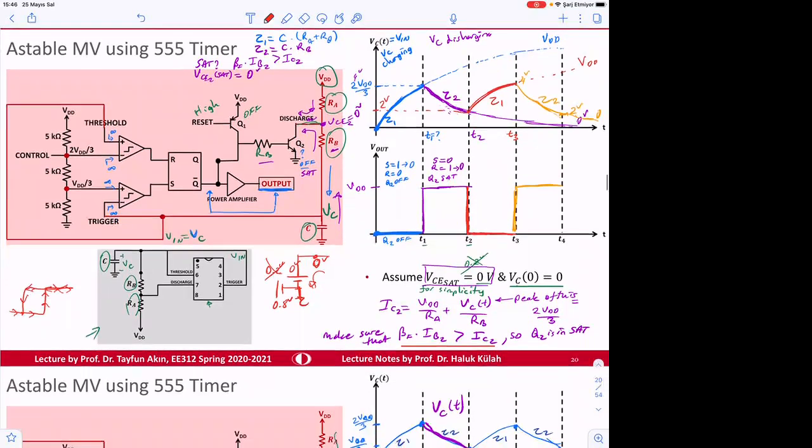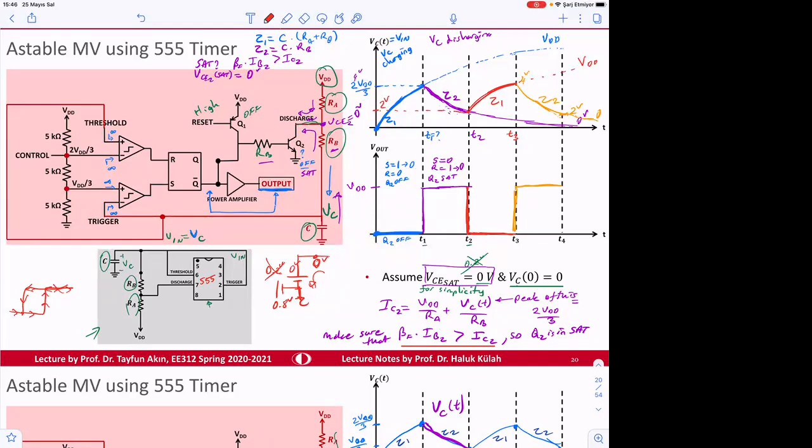So that was one of the uses, and circuit-wise, it is mentioned here that there is a chip for this, the 555 timer chip, having some input stages.